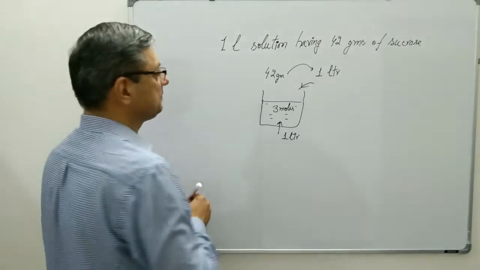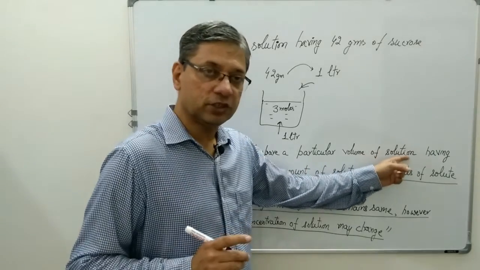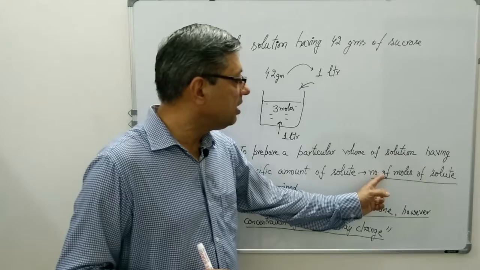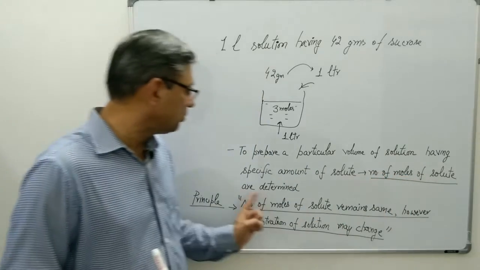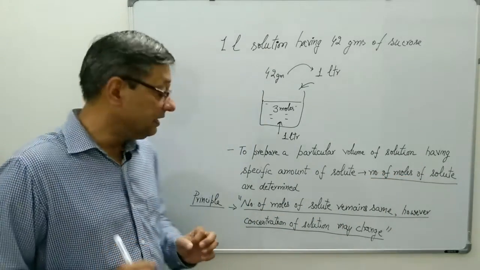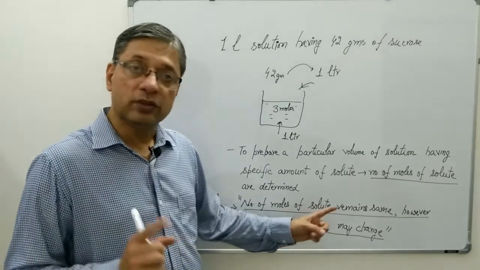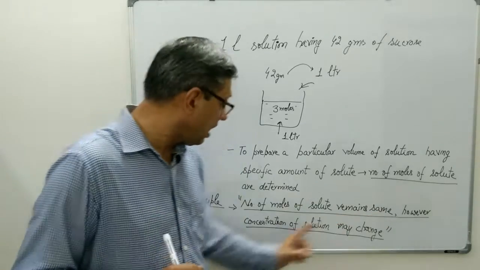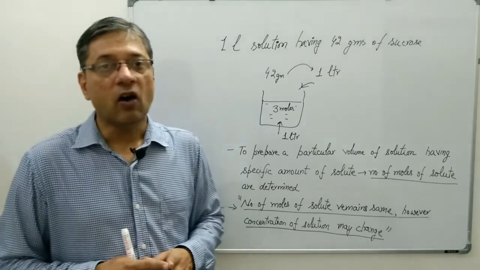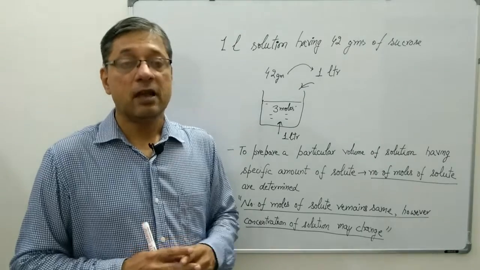Let me write it. To prepare a particular volume of solution having a specific amount of solute, the number of moles of solute is determined. The principle behind it is that the number of moles of solute remains the same. However, the concentration of the solution may change on adding more of the solvent.